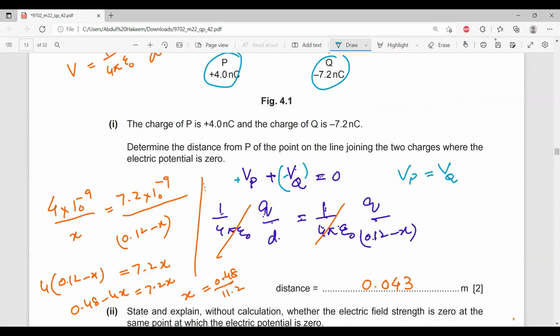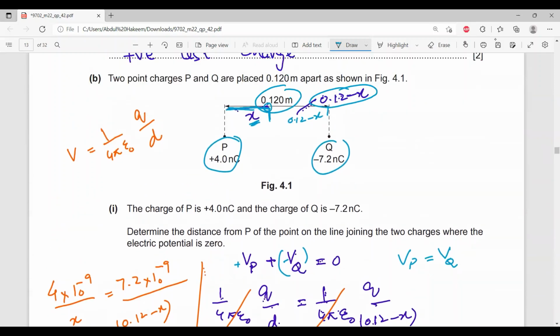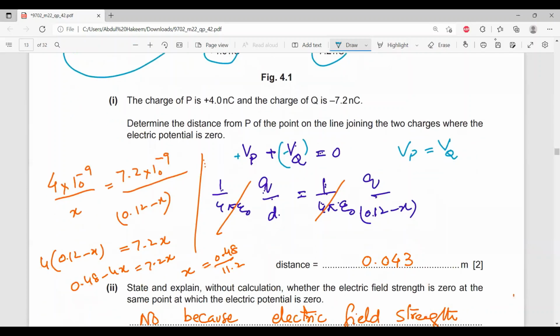So we will write here the potential due to P and the potential due to Q are equal. So the potential formula is 1 over 4 pi epsilon naught, Q divided by d. So 1 over 4 pi epsilon naught, Q divided by d, you can write d as x, is equal to 1 over 4 pi epsilon naught, Q charge divided by the second distance, 0.12 minus x. Now 1 over 4 pi epsilon naught cancels on both sides, cross multiply.